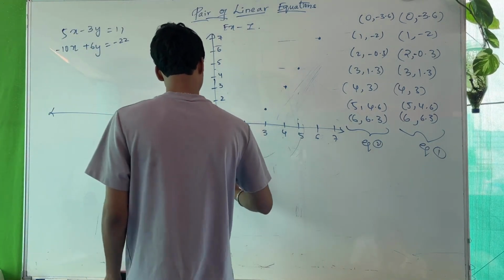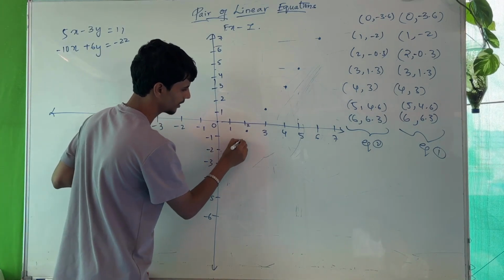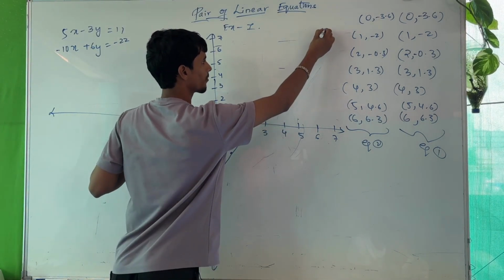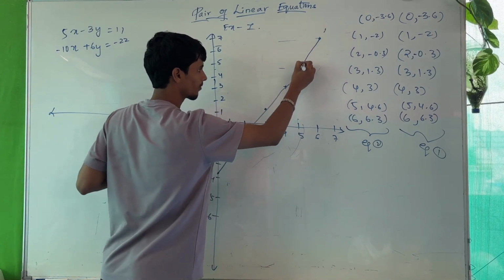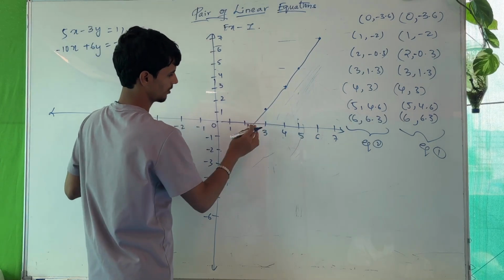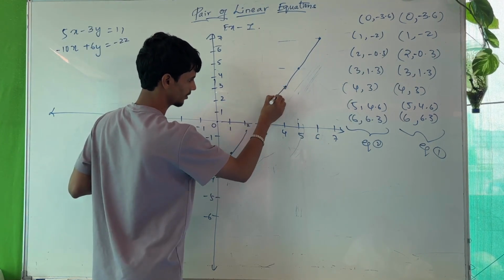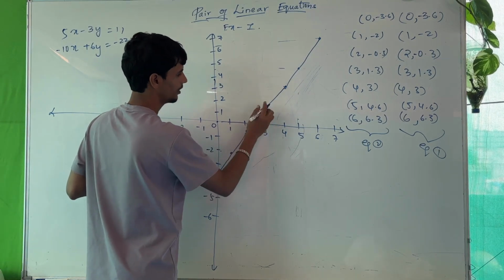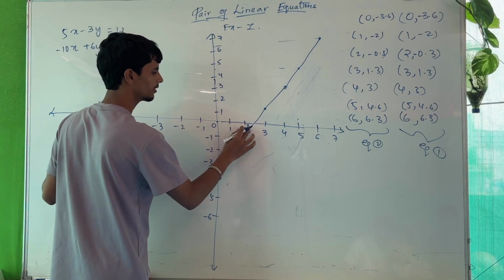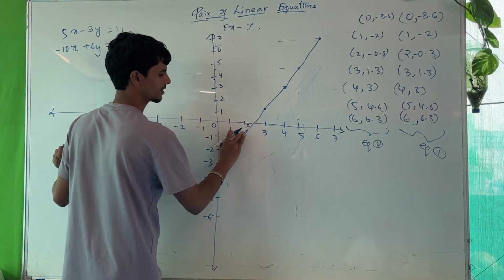Let us draw the line. From here you need to use a scale because these are straight lines, not curves. You should not draw freehand. It will be in this way, connecting all the points. Here is one of the points, and next let us plot the values for the second equation.